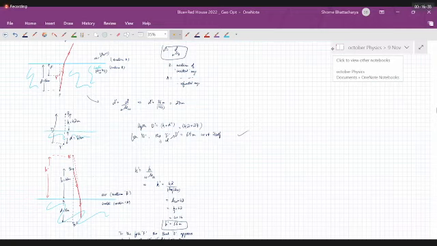So the fish appears to be at a depth of 27 meters below the water surface. So to the bird, the bird itself is seeing the water surface 42 meters below it, and the fish appears 27 meters further below it. So it appears at a total depth of 42 plus 27, so 69 meters. Hope it is clear now.